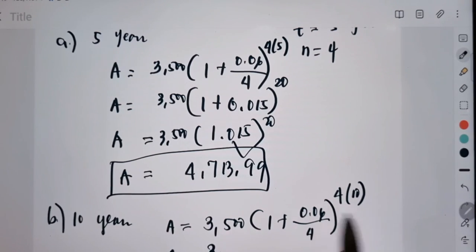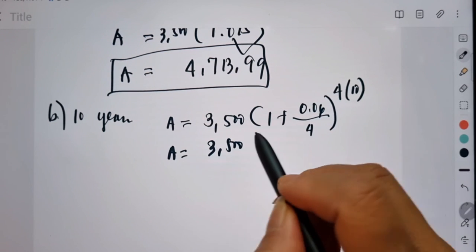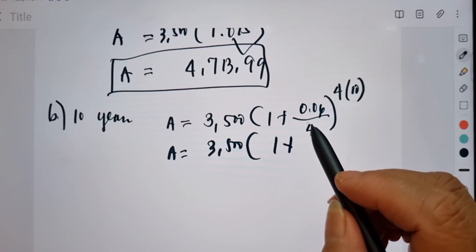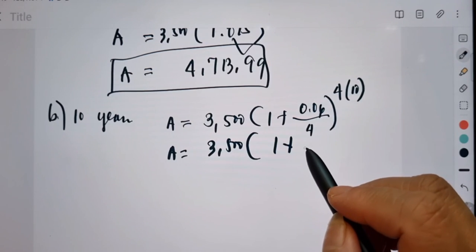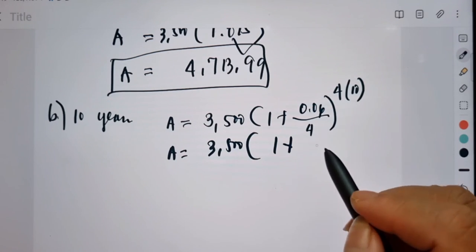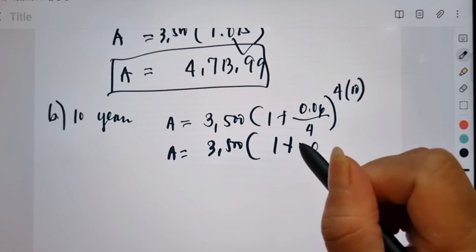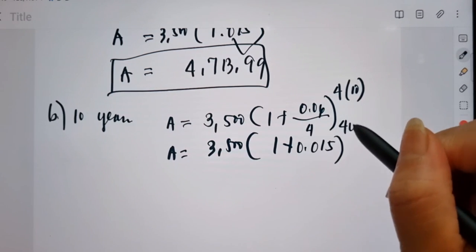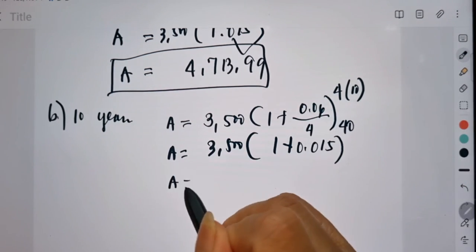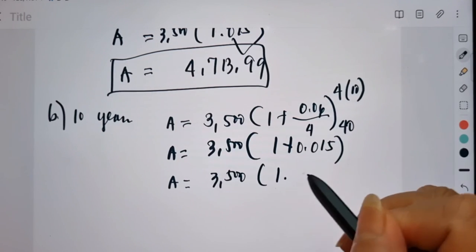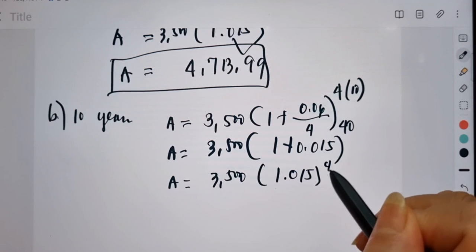So ngayon, 1 plus, divide natin uli ito. So ganun pa rin ang magiging sagot natin dyan. 0.015, but this time magiging 40. Raised to 40 na siya. So 3,500 times 1.015 raised to 40.